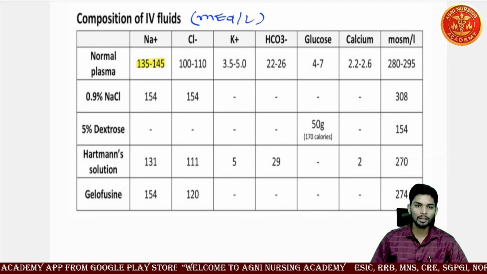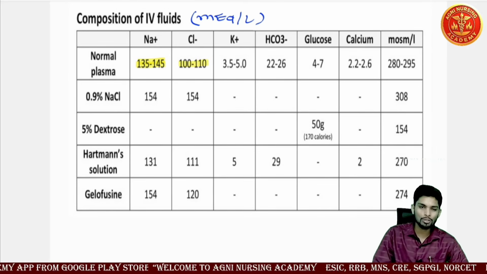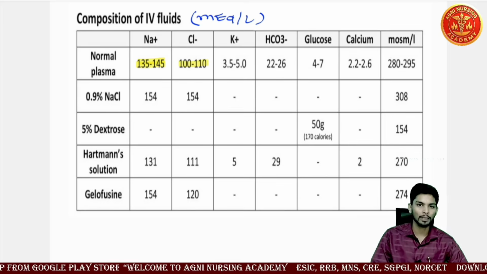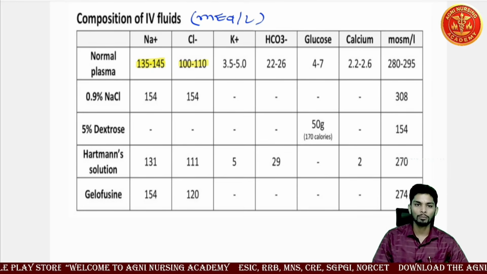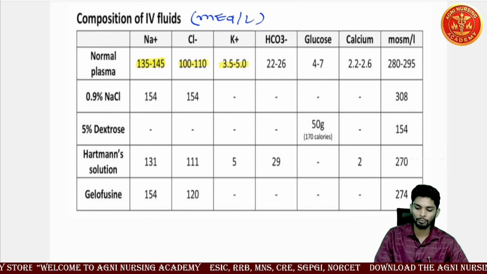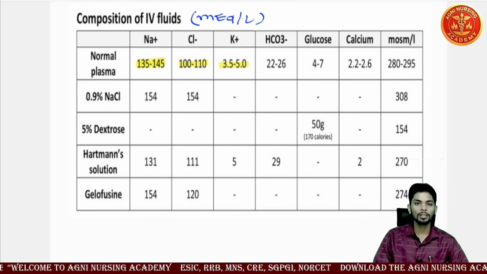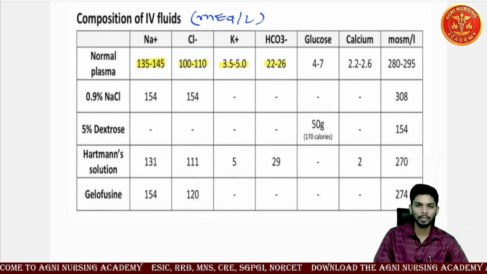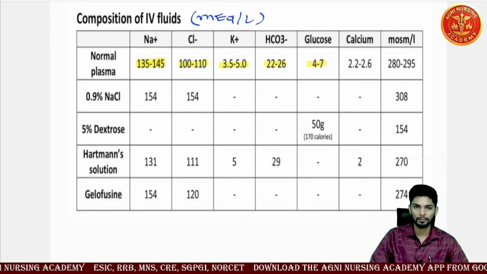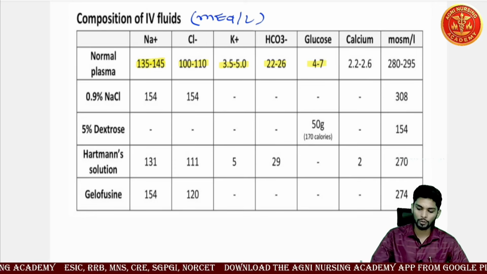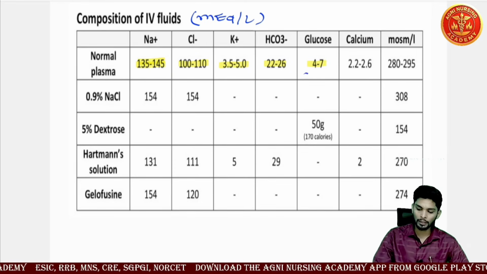Chloride should be 100 to 110, mostly 109 milliequivalent per liter. The normal concentration of potassium in our normal plasma is 3.5 to 5 milliequivalent per liter. Bicarbonate should be 22 to 26 milliequivalent per liter. Glucose is 4 to 7 gram per liter.